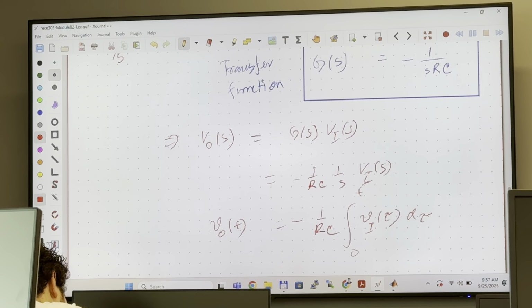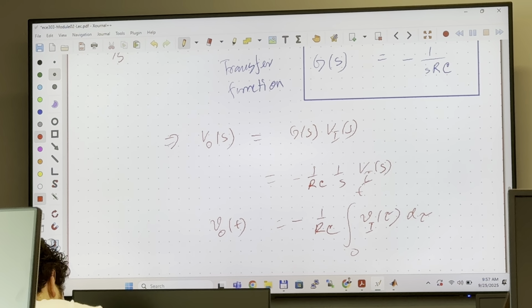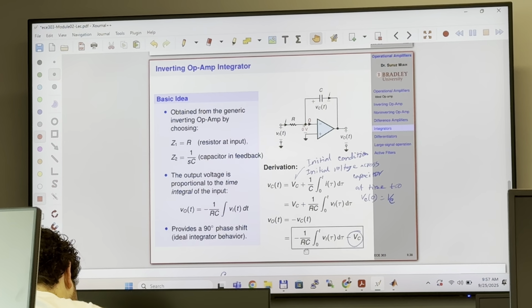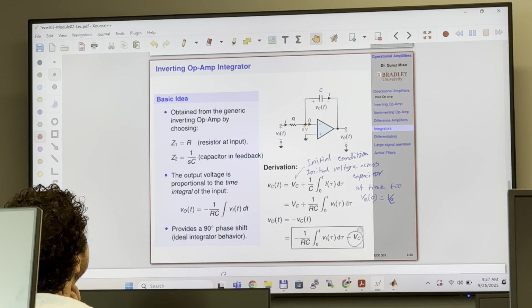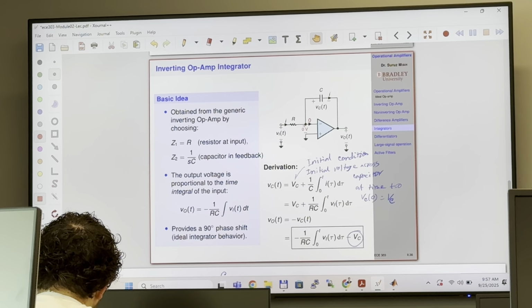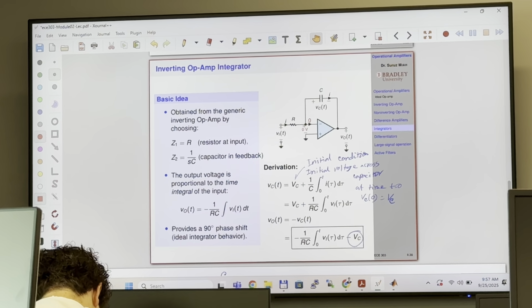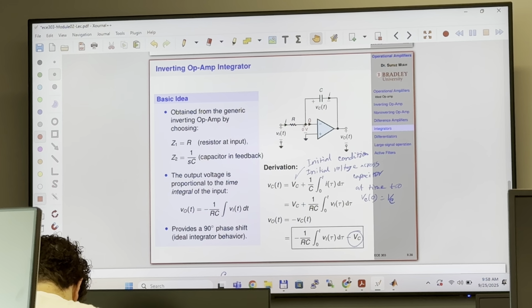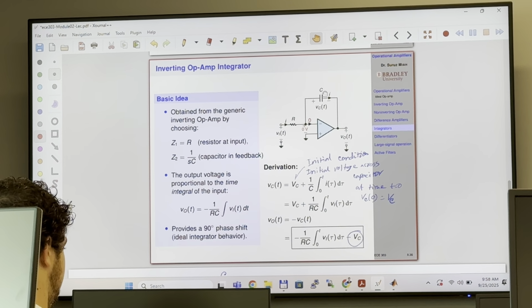Clear? And here we have negative Vc because of the initial voltage of the capacitor at that time. Usually when a capacitor is completely discharged, the initial voltage is 0.